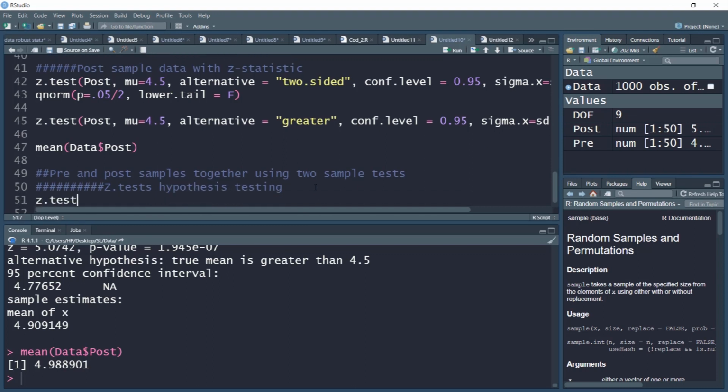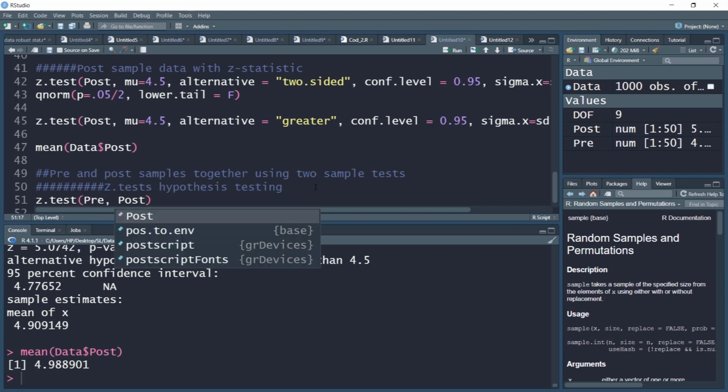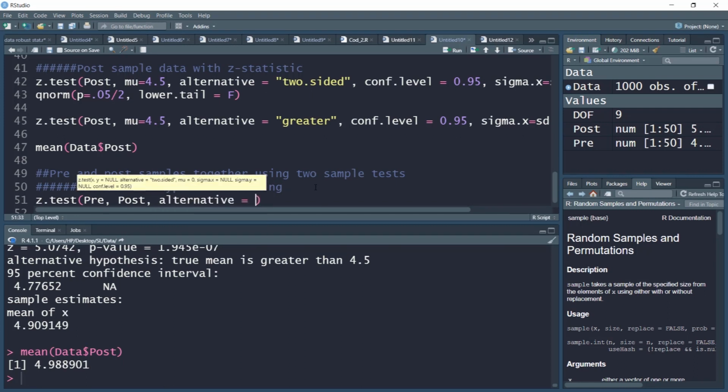As we have already seen, we'll use the z.test command and we'll supply our pre and post arguments, alternative as two-sided. We'll set the confidence level at 95%. Now in this case, we need to supply the population standard deviation for both the pre and post samples because we are conducting a Z-test, assuming that population variances for both the samples are known.